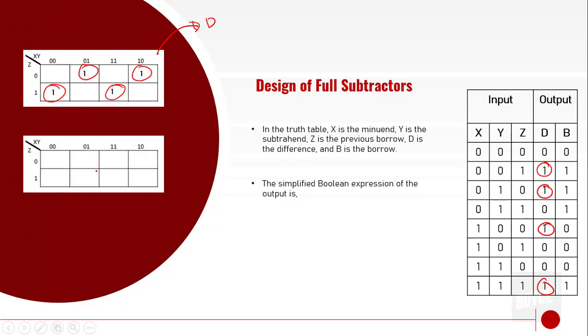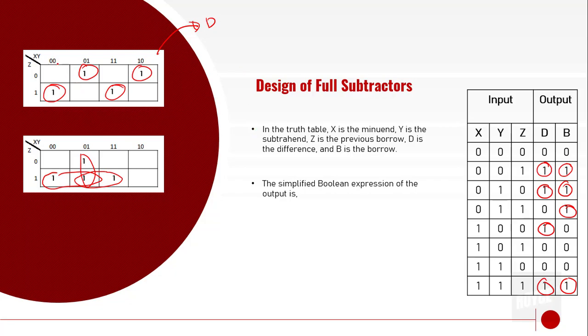And then for our, mamaya na natin gawan ng expression. For our output B, yung borrow output natin, nasan yung mga minterms? So, ito, ayan, 4 din. So, 0, 0, 1, nandito, and then we have 0, 1, 0, ito, and then we have 0, 1, 1, dito sa baba, and then 1, 1, 1. Ayan siya. So, pwede ulit natin tong i-grouping. Gawa na natin ang expression.